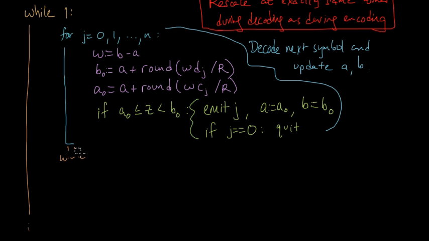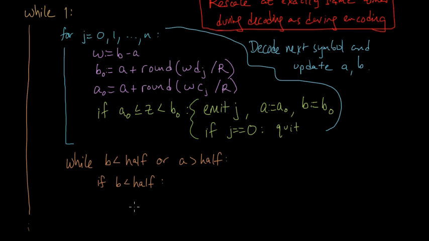Okay, so after we determined the next symbol and updated A and B, we're now going to do some rescaling, in exactly the same way. While B is less than half or A is greater than half, we're going to do possibly cases 0 or 1.